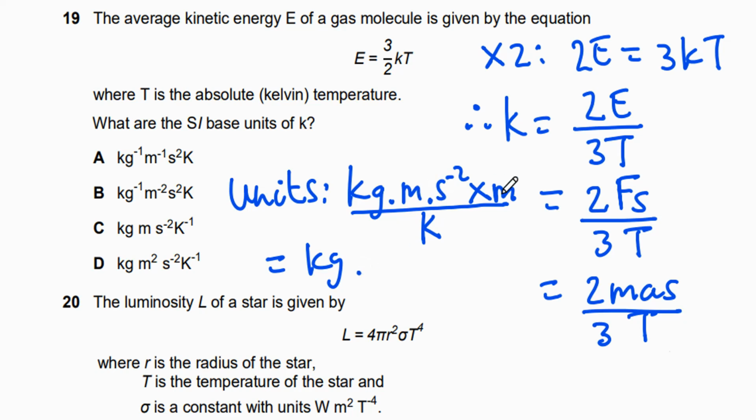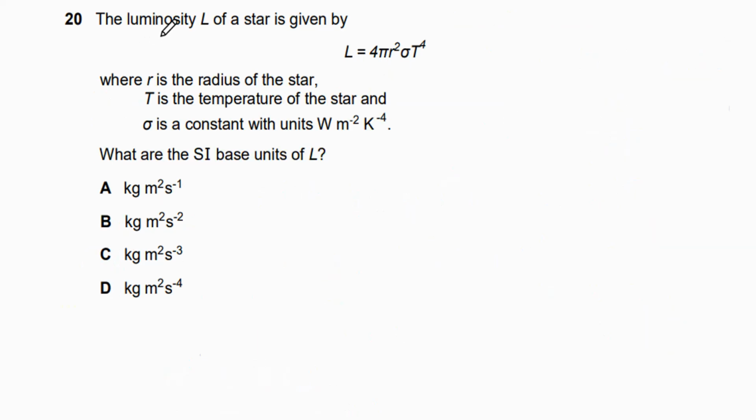So then we have M times M is M squared. We can bring the K to the top and it becomes K to the -1. And we can see that the answer is D. In question 20, it says the luminosity L of a star is given by this equation.